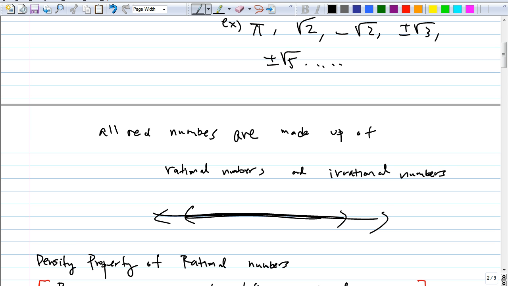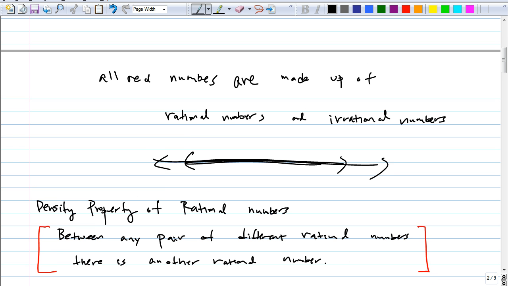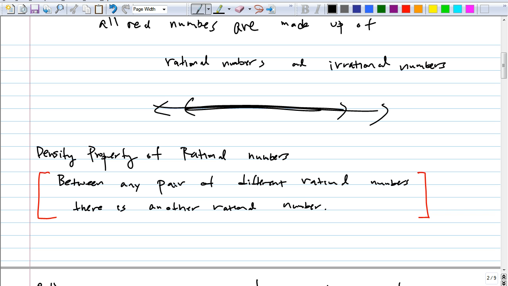Here is the definition of the density property of rational numbers. Between any pair of different rational numbers, there is another rational number. This is a very simple statement, but think about what it's saying. It's saying a lot, really.